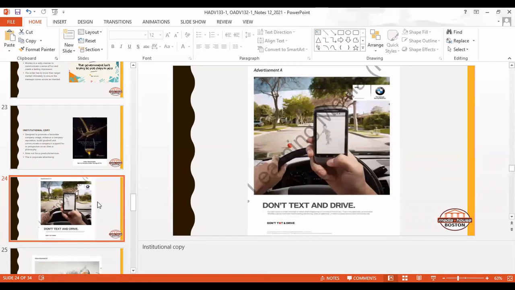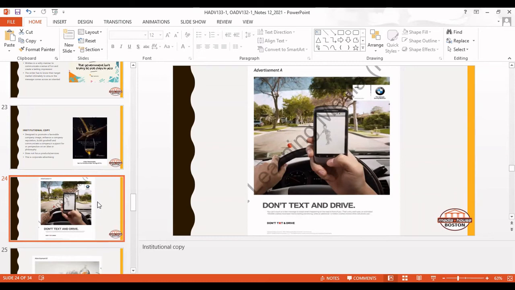Now, there are things that I want you to understand when it comes to types of copy. Remember, copy is the written text, isn't it? We talked about the factual copy, where they provide factual information. Then we talked about the narrative copy, which tells a story to encourage an emotional connection between the advertising message and the consumer.